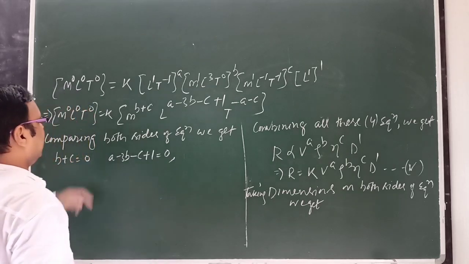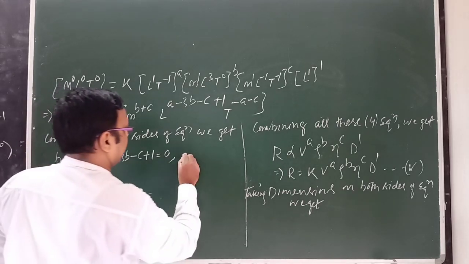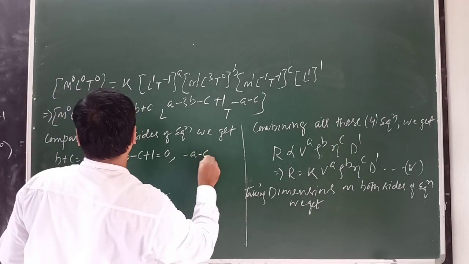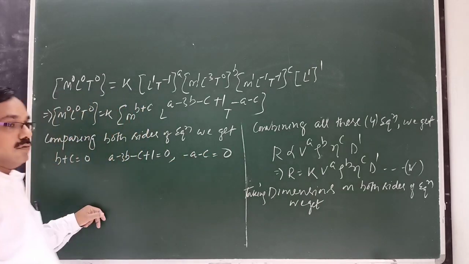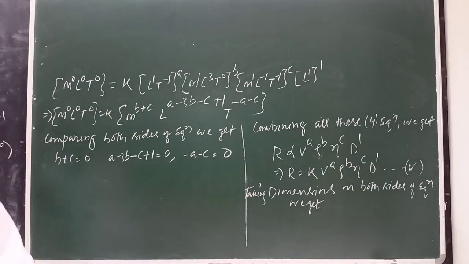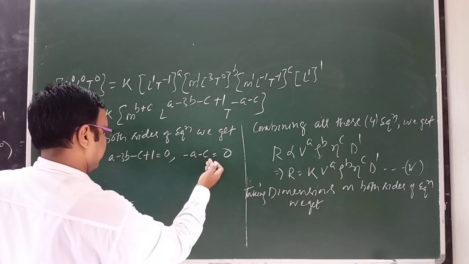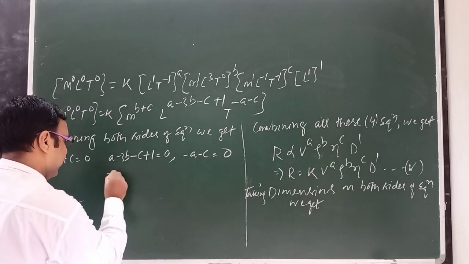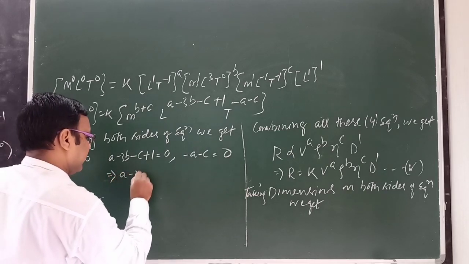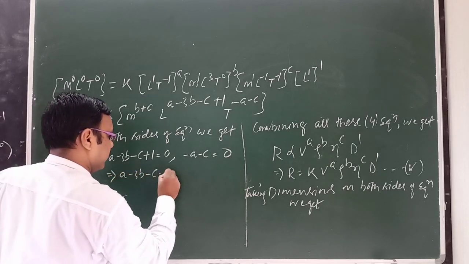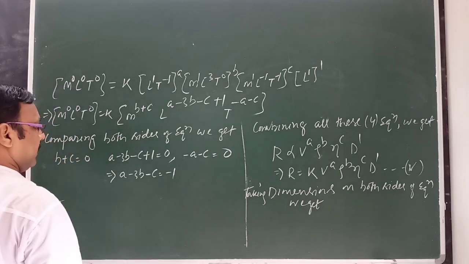And finally, another one is there, minus A minus C equals to 0. Okay, so here you can take now, from the second you can say A minus 3B minus C equals to minus 1.